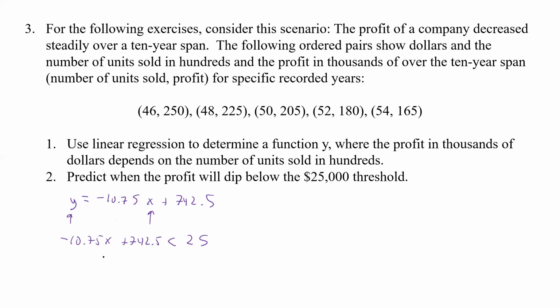Well, how are we going to do that? There's a couple ways we can do it. We can take the 10.75 over and then take the 25 here, or we could take the 742.5 over, and then when we divide by the negative, remember to switch the inequality. It doesn't really matter. So let's say negative 10.75x is less than negative 742.5 plus our 25.